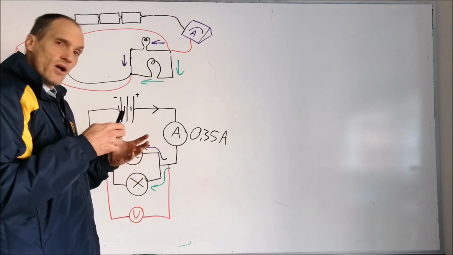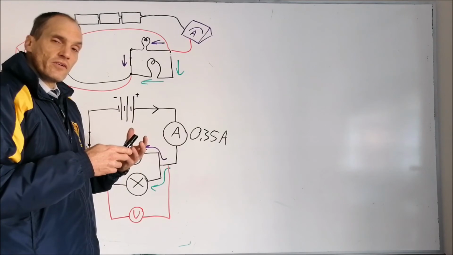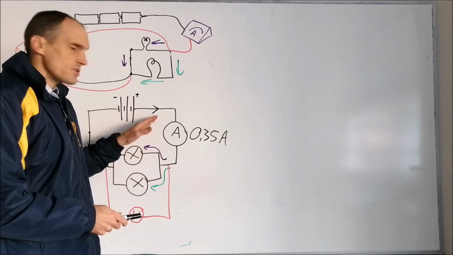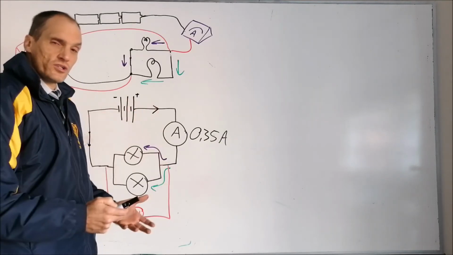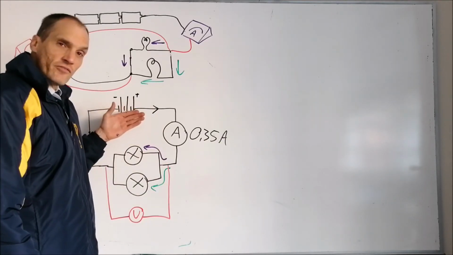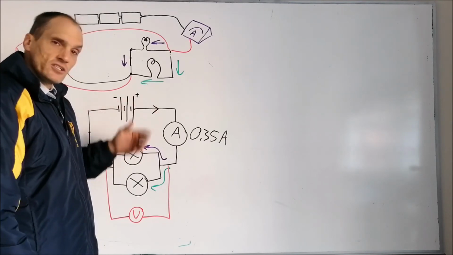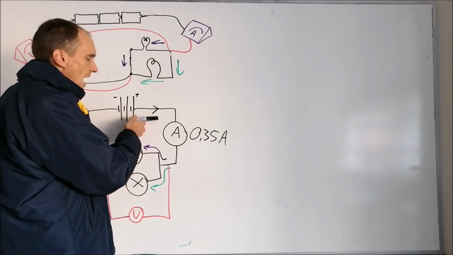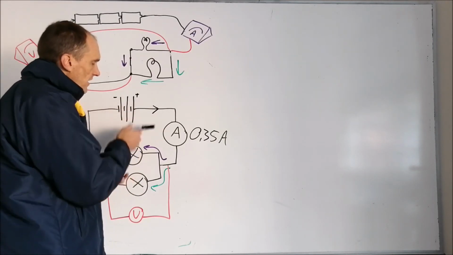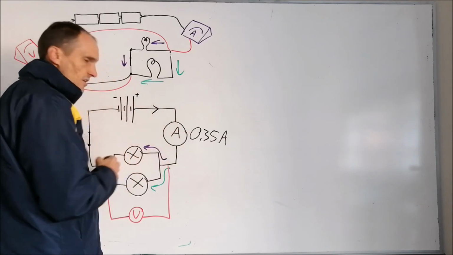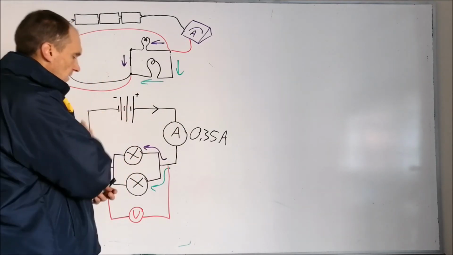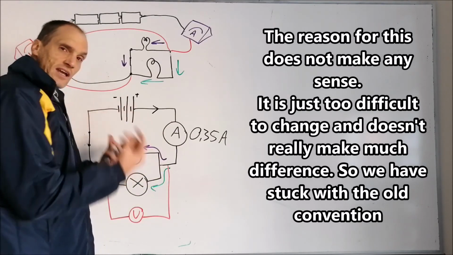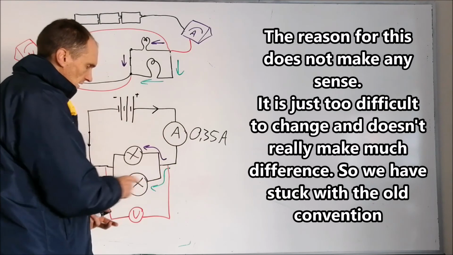But because all of the discoveries that have been made to do with electricity before that were based on this assumption, and because it still works to talk about the direction of conventional current flow being in this direction, we still draw an arrow as if positive charge is flowing out of the positive terminal of the battery, and therefore the arrow is in this direction. So although electrons are flowing this way around the circuit, and we know that now, we still represent the direction of conventional current flow as being in this direction.